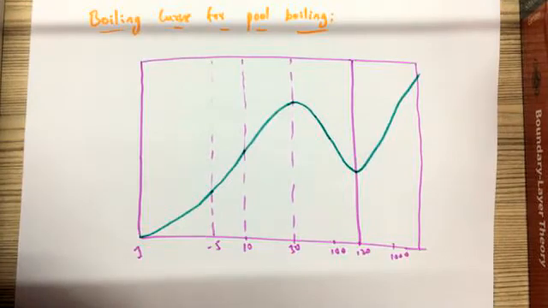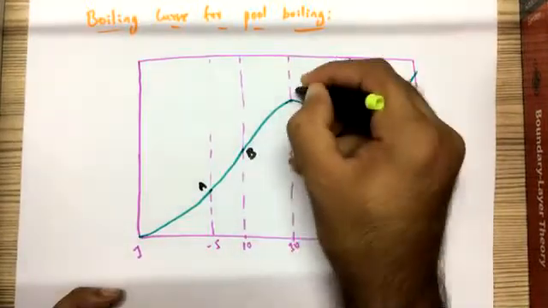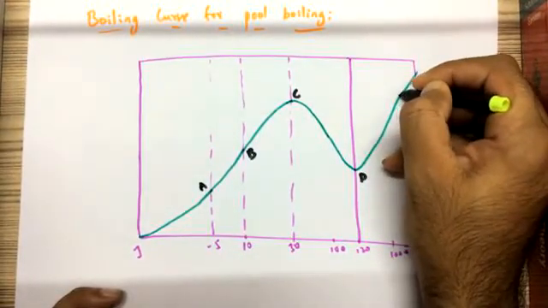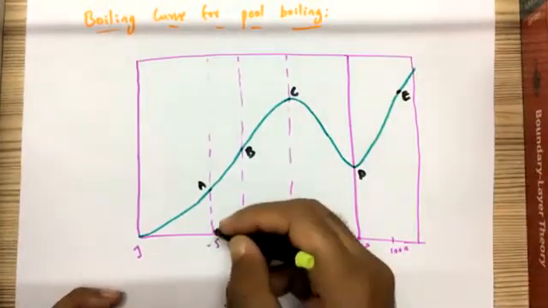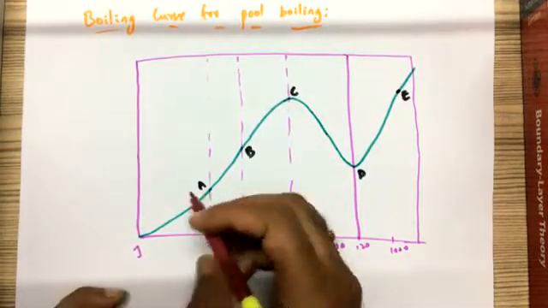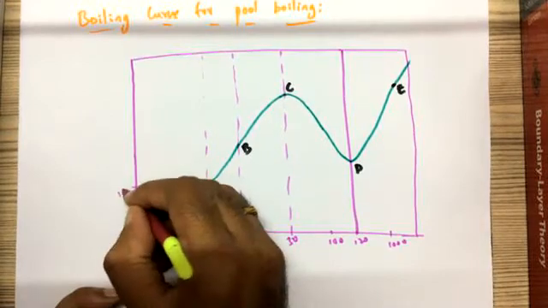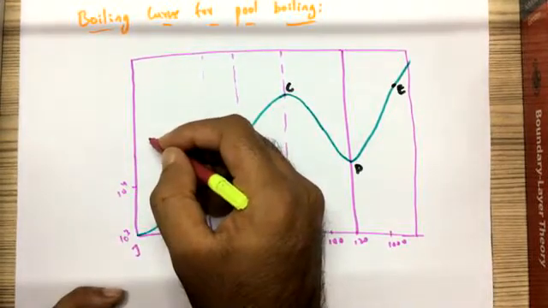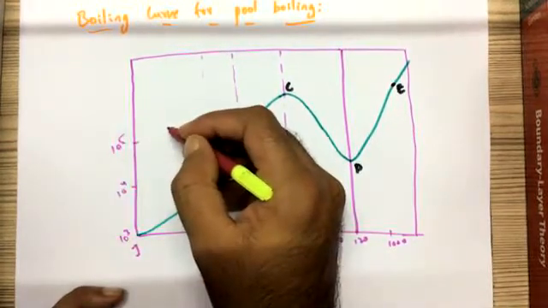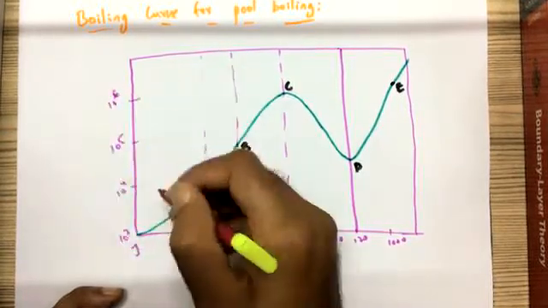So let us suppose this is point A, this is point B, this is point C, this is D, and somewhere here is E. Let us suppose this is 10 cube, this is 10 to the power of 4, this is 10 to the power of 5, this is 10 to the power of 6.